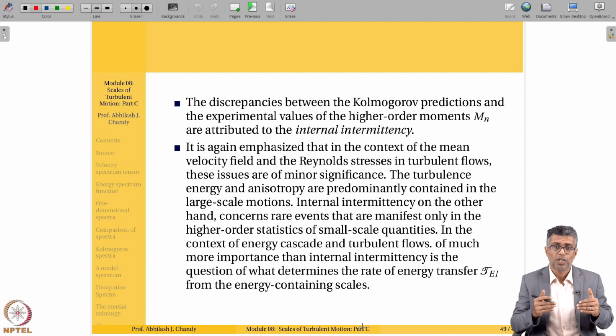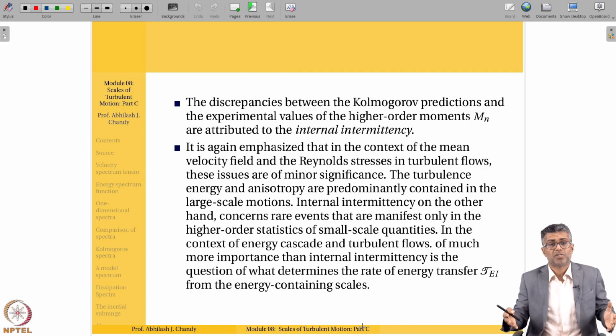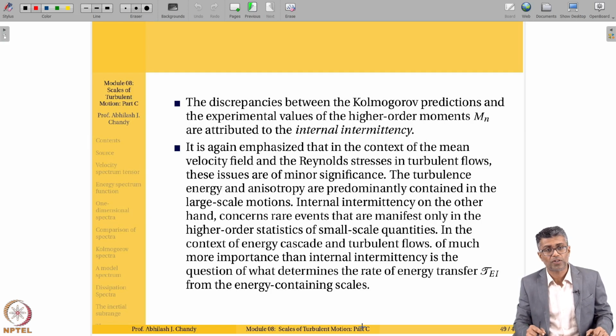When we talk about the Kolmogorov hypothesis, we say it applies at higher Reynolds numbers. How high should the Reynolds number be? And how close to the Kolmogorov spectra slope of 5/3 do we get when R lambda is say 200? When R lambda is 500? We are not approaching 5/3 yet. It is important to be aware of that particular limitation.